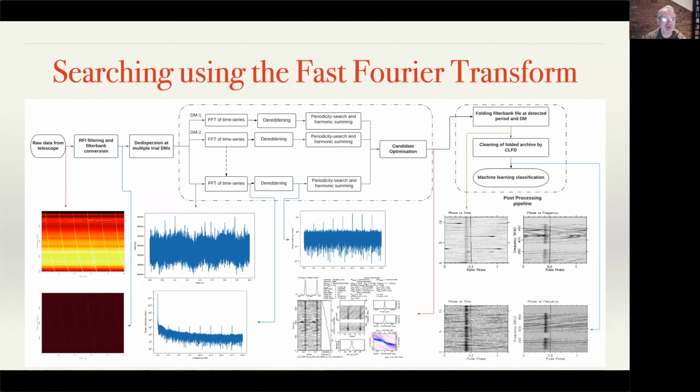So how does searching using the fast Fourier transform work? Well, here you can see an overall flow chart of this, and I'll make these slides available so that you can look at this in more detail if you'd like to.